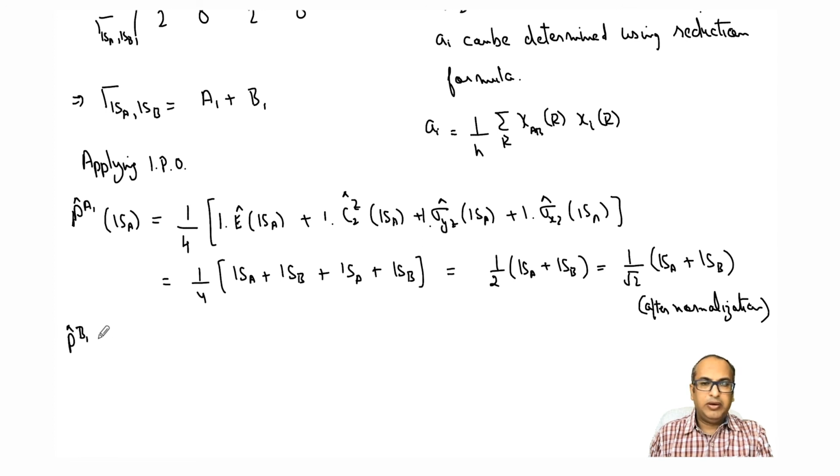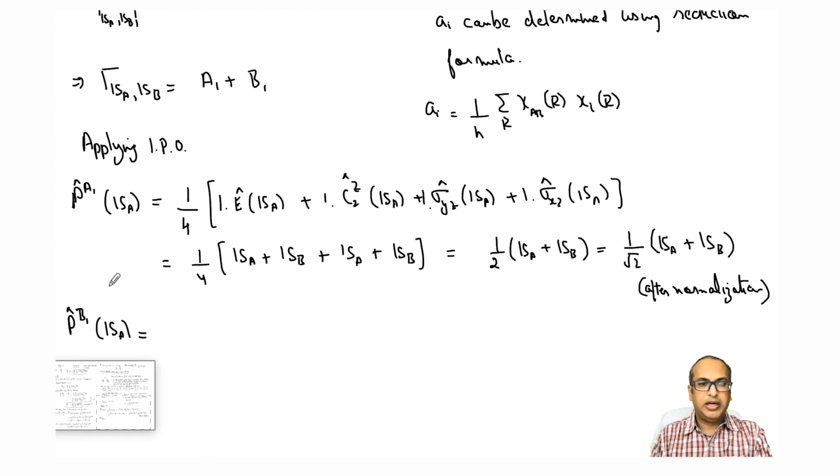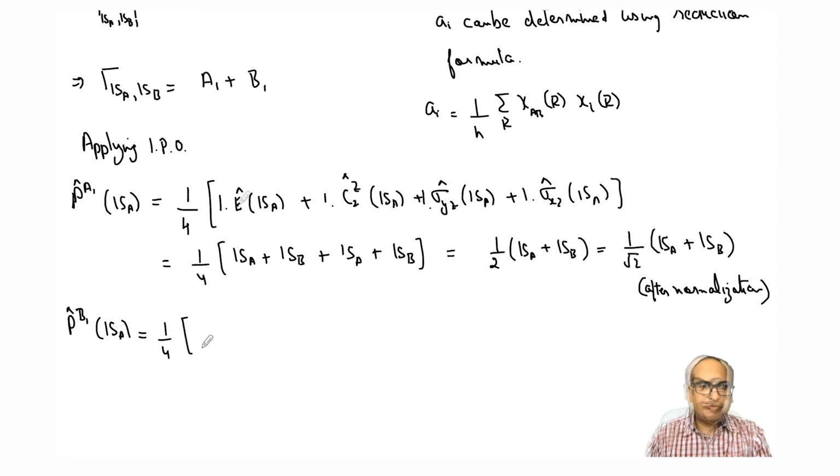So P_B1 on 1sA. You can choose either of these. Either one of the functions is fine. It does not matter which function you choose, you will get the same result. So again 1 over 4. You should know what the traces are for the B1 representation. So we will write that.